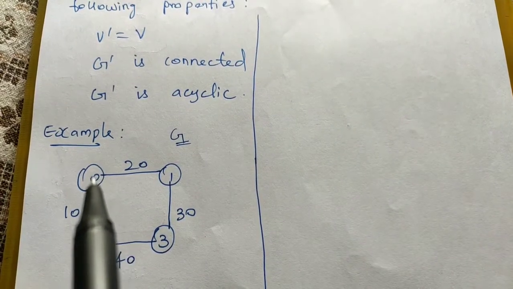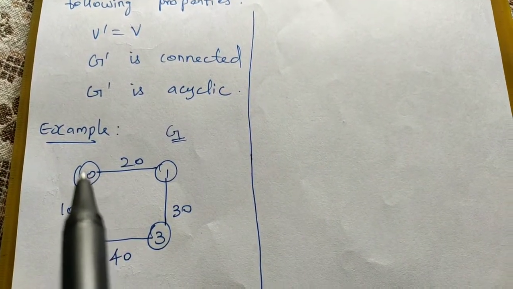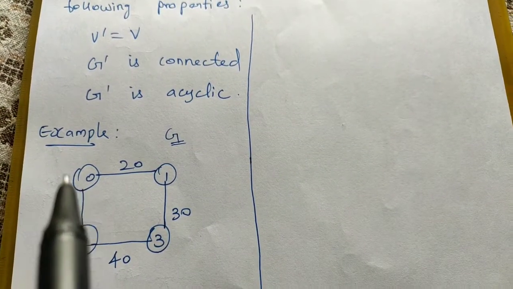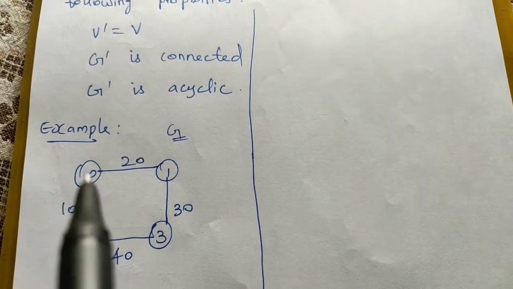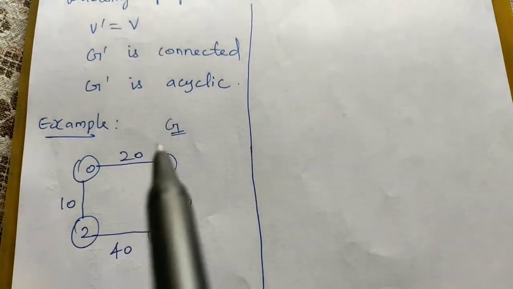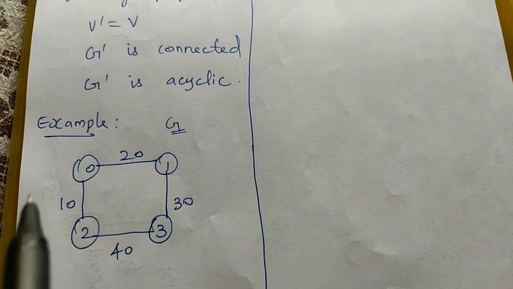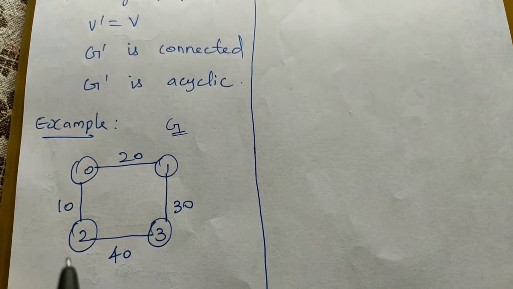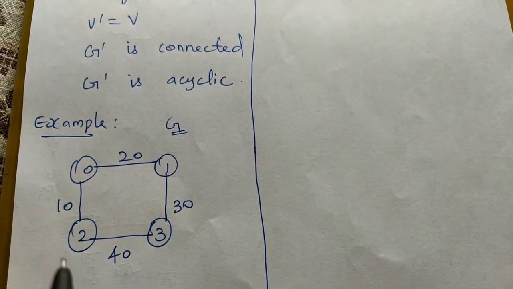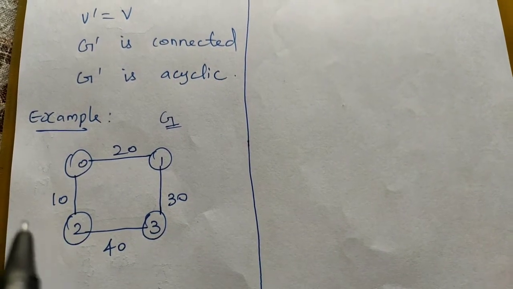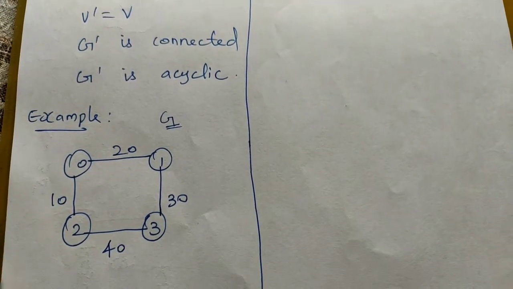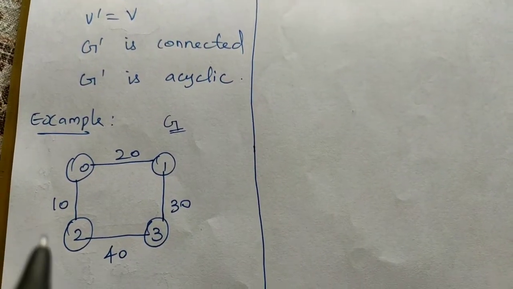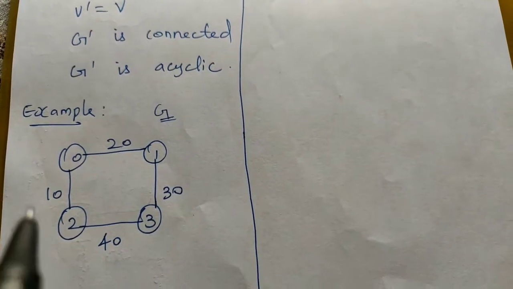So I can say the graph is a cyclic graph. I have taken a weighted connected cyclic graph as the input graph for finding a minimum spanning tree. For this, I am going to find the spanning trees first. Once I find the spanning trees, I will be able to find the minimum spanning tree.